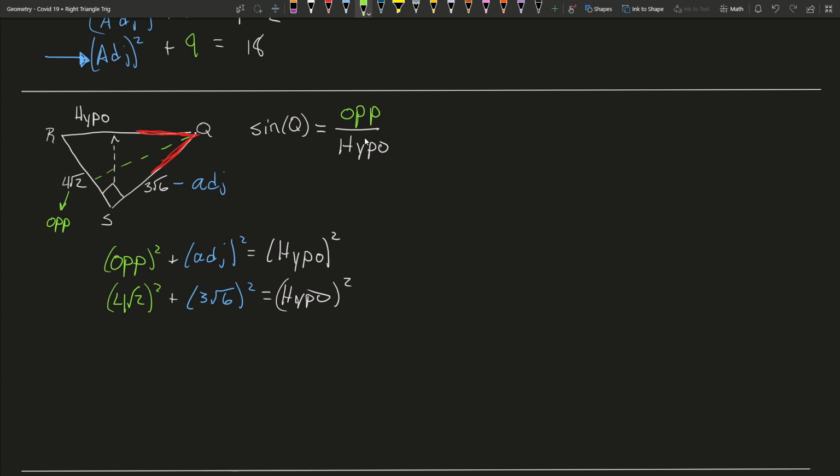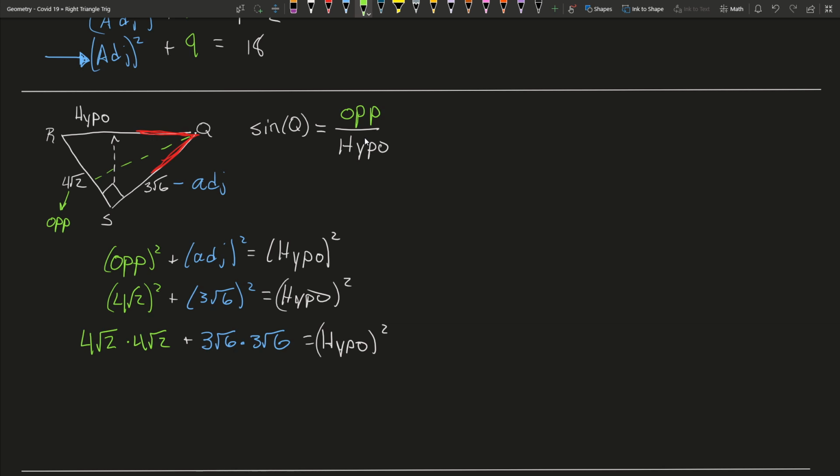All right, so 4 rad 2 squared is 4 rad 2 times 4 rad 2. 3 rad 6 squared is 3 rad 6 times 3 rad 6. And then we still don't know the hypotenuse. Okay, when we simplify, we need to combine like terms.